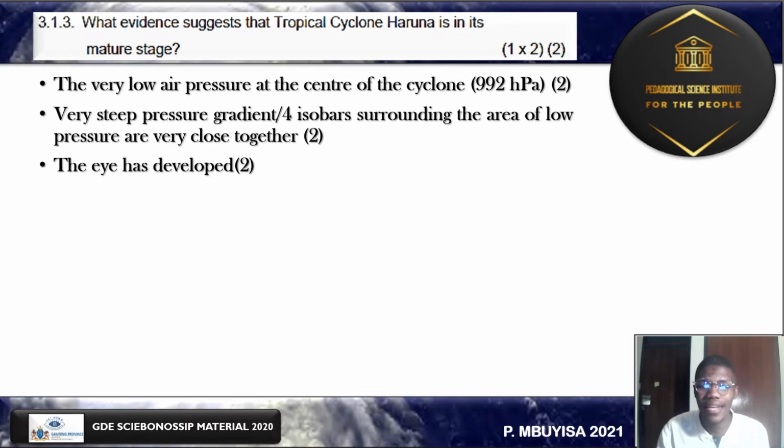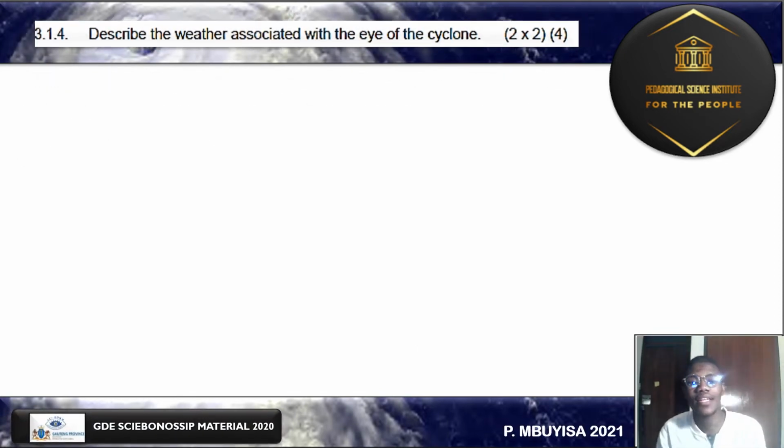So let's look at the next question, 3.1.4. Describe the weather associated with the eye of the cyclone. We told you that because of adiabatic heating of the air as it enters the system, in the eye we are going to have no cloud cover, no winds, no rainfall or precipitation.